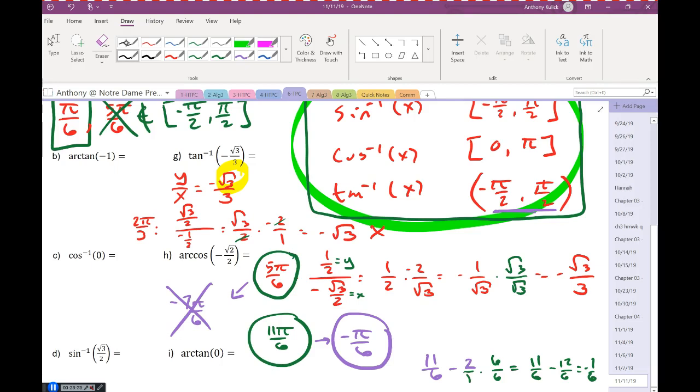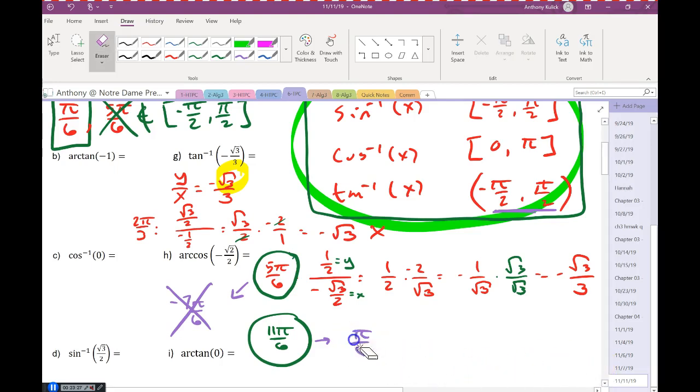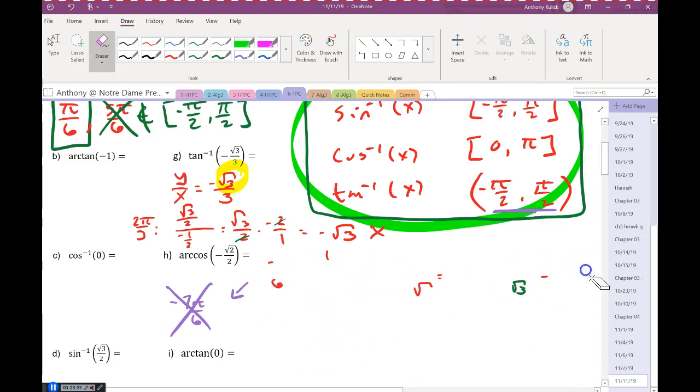Now, the alternative way of thinking about this is a little bit more visual and a little bit harder for me to write things down, but it's just doing the same thing.